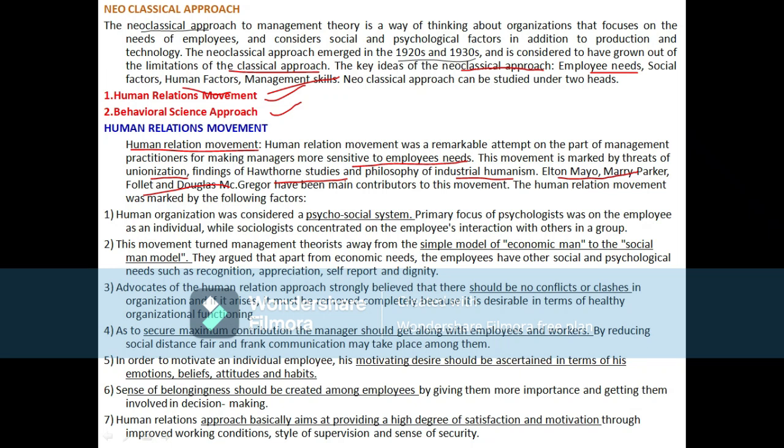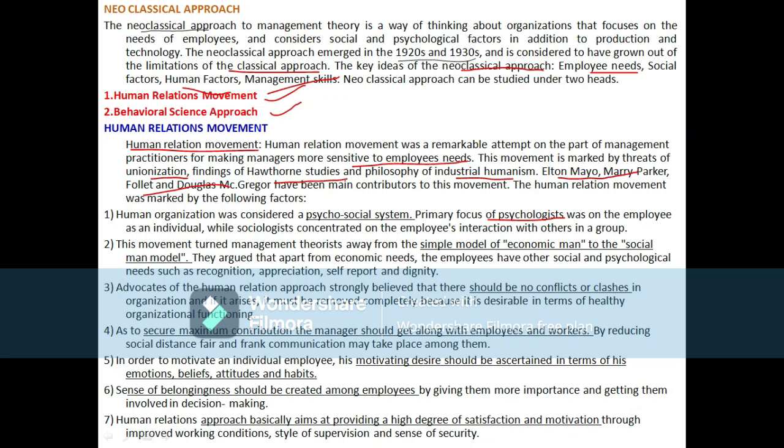Now, what were the factors of the human relations movement? The first is that the human organization was considered a psychosocial system, a psychological and social system. Why psychological and why social? The primary focus of psychologists is on the employee as an individual.